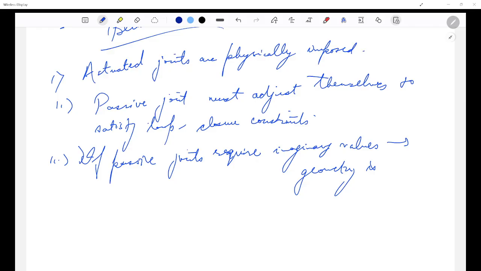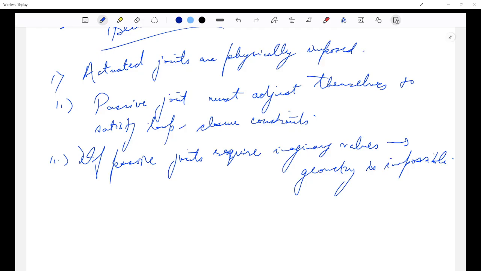At the end of the day, it has to comply with the geometry. Apart from that, if they have imaginary values, it is not possible to fit into the geometry.